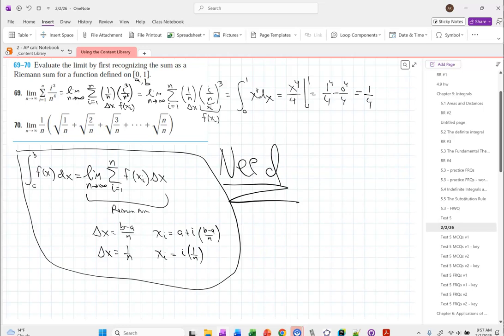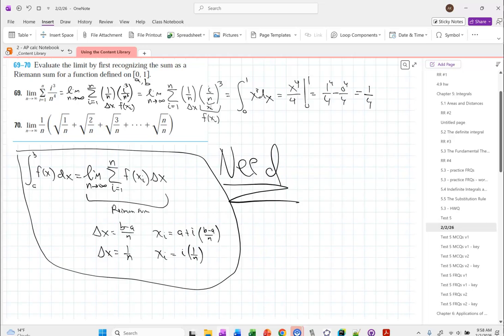That xi is a plus i delta x, that delta x is b minus a over n, that the integral from a to b of f of x dx is the limit as n goes to infinity of the sum from 1 to n of f of xi delta x. So great choice, because it allowed us to talk about this, and this is something you'll have to do.